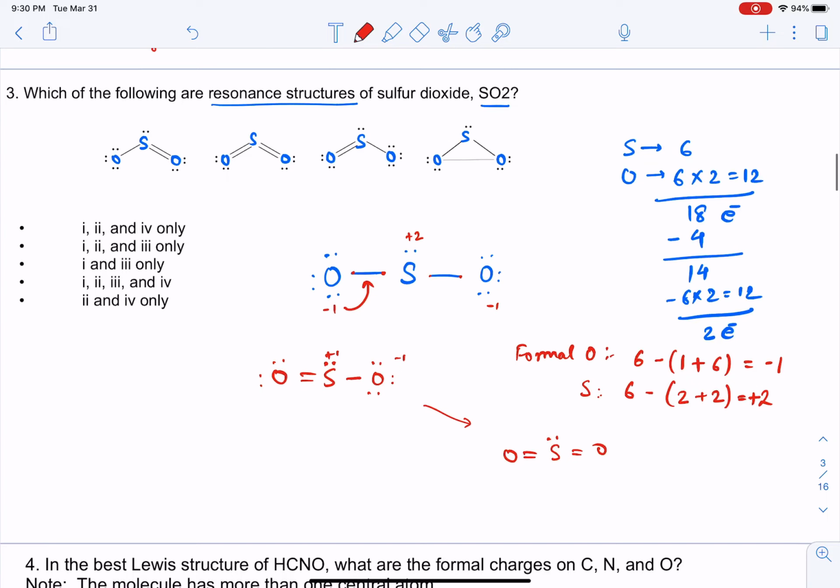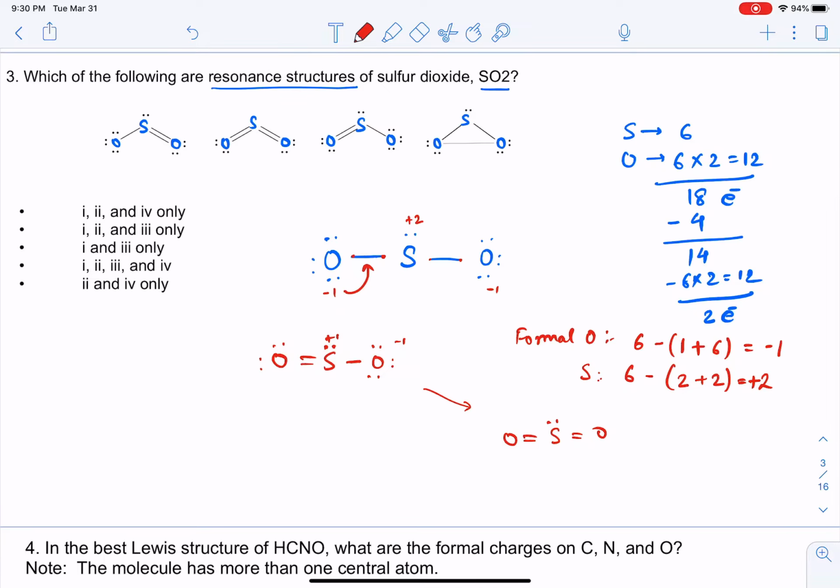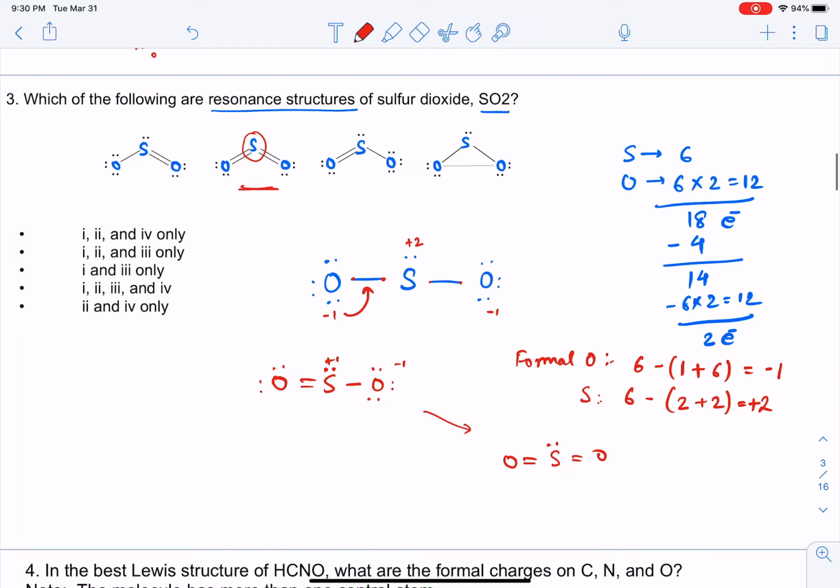But if you see the options here, which of the following are resonance structures of sulfur dioxide? We don't have S double bond O and a lone pair. This might seem similar, but this doesn't have a lone pair, so this is not one of the resonance structures. So if we make a resonance structure out of this, we will have something like double bond and single bond.